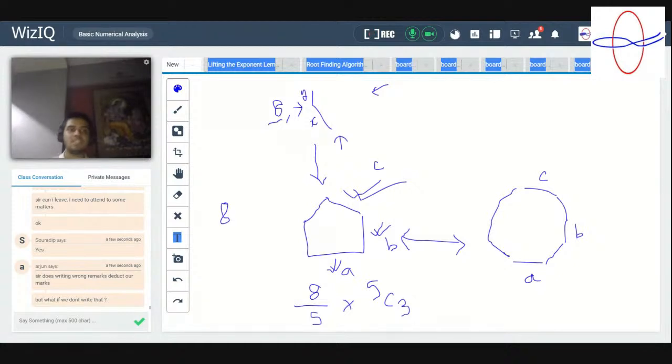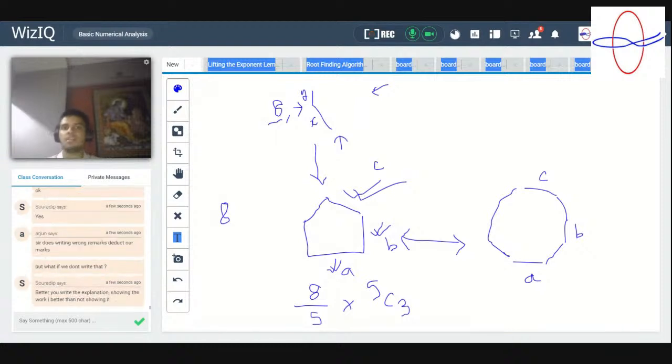Oh, you mean not writing an explanation versus writing a wrong explanation? I'd say in both cases you'll definitely have deductions, but if it is a wrong explanation, then that should logically have a much higher deduction than not writing an explanation altogether.